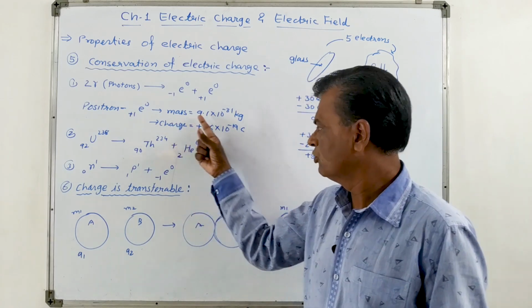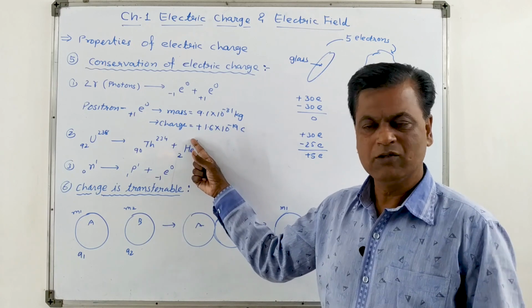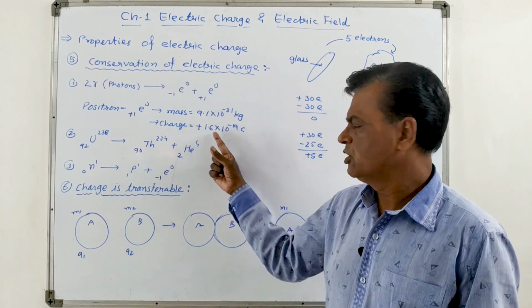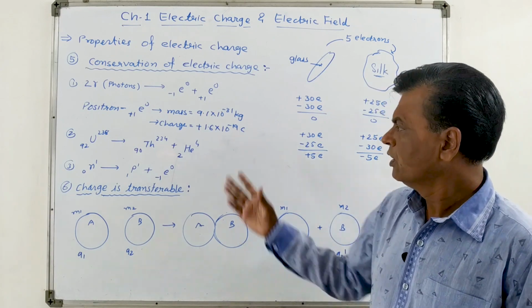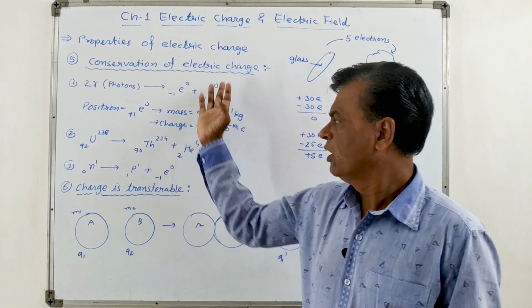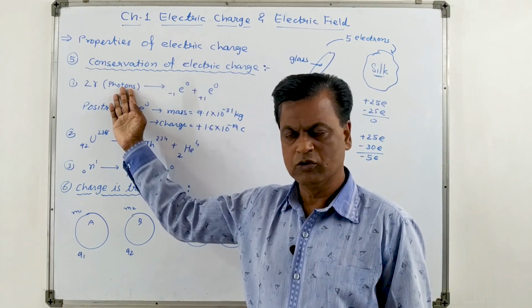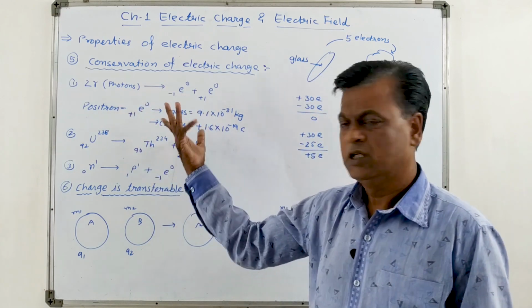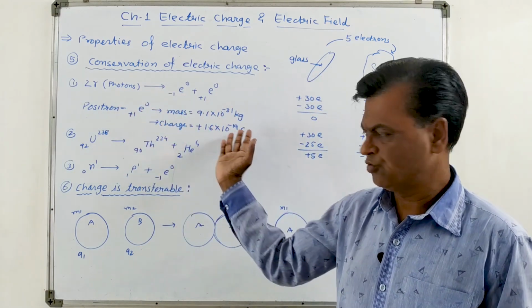So the mass of the positron is 9.1 into 10 raised to minus 31 kg, and the charge on the positron is 1.6 into 10 raised to minus 19 coulomb. So here minus 1 plus 1, the net charge is 0. On the left side, these are electromagnetic waves, so the net charge is also 0. So in this process, the charge is the same before and after the process.